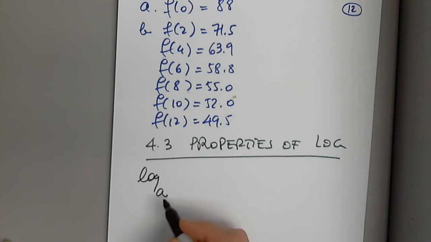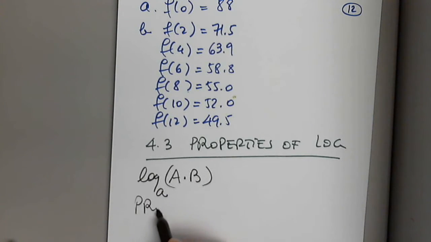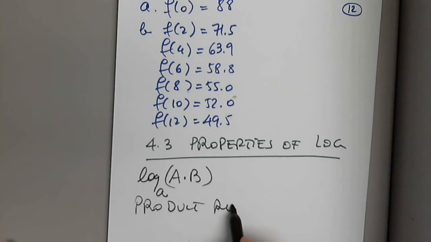Log in any base applied to a product. So this is the product rule. What does it say?